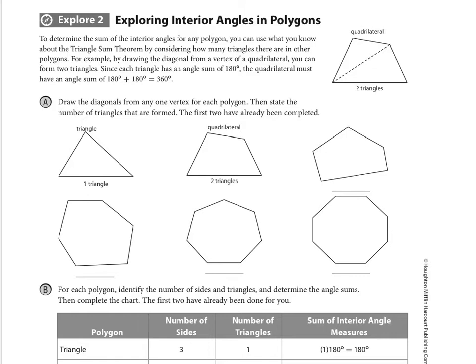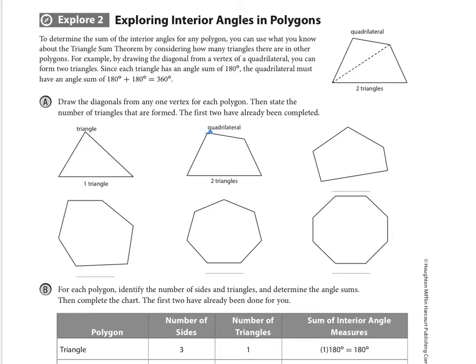So for the triangle to begin with here, we can't draw any diagonals that aren't drawing to other corners and redrawing a side. So that doesn't work. So there's no other triangles that we can split that triangle into. However, in the quadrilateral, let's say we pick this vertex right there in the corner.